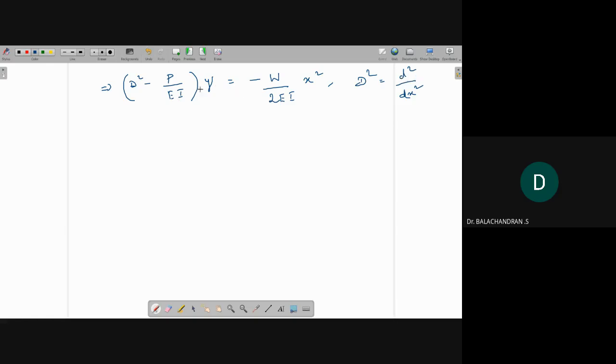So now this is a second order differential equation with constant coefficients. The auxiliary equation is m square minus P divided by EI equal to 0. So this implies m square equal to P by EI, so m equal to plus or minus root of P by EI.